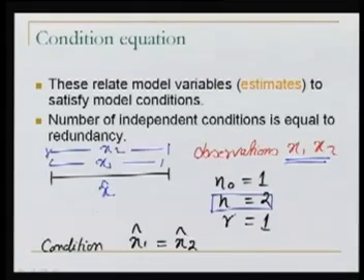How many observations do we need in order to find the unique value of the length of the line? Only one observation. Of course, in that case, there will not be any redundancy. But that's the minimum which is required to find the solution. So we say n naught is equal to 1. So the redundancy is 1.